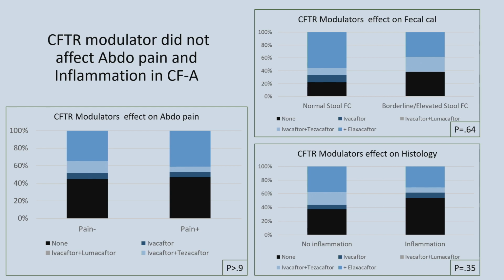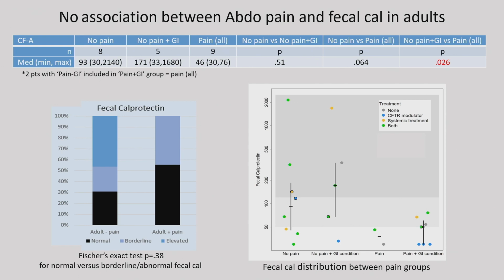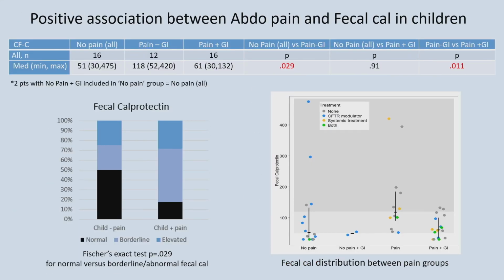Hello, Zeph Minkoff from Valley Children's. Could you go back to the slide that you just had up before? Sorry, the pediatric, not the adults. Perfect. So what I'm seeing here is that there's pain, and then there's pain plus GI condition.